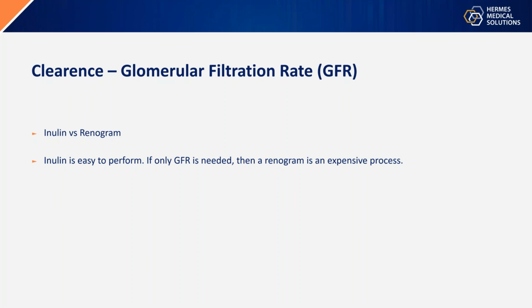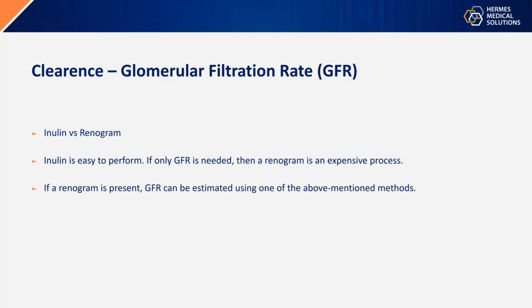However, on the other side, if we have a renogram for any other reason, or if we require some other quantitative parameters, GFR can be estimated using one of the above mentioned methods. And since the correlation between the renogram GFR is very good in comparison to the inulin, at least in my opinion, it might be a bit of a stretch to also do an inulin investigation if a renogram is present.